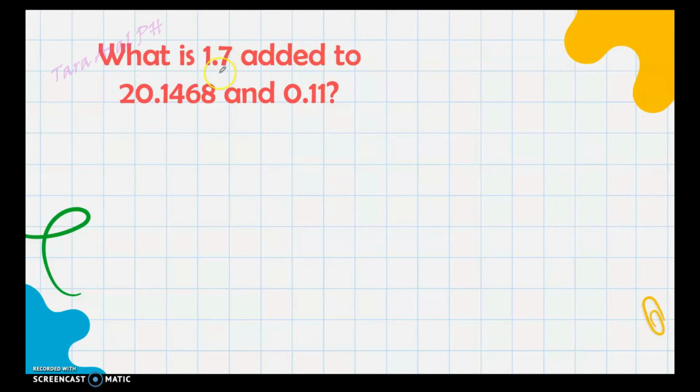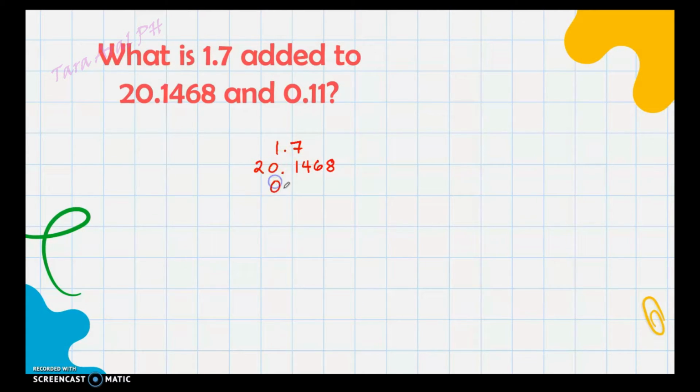So we have, what is 1.7 added to 20.1468 and 0.11? We align properly the decimal points, and we have 20.1468, and also align the decimal places and the place values.